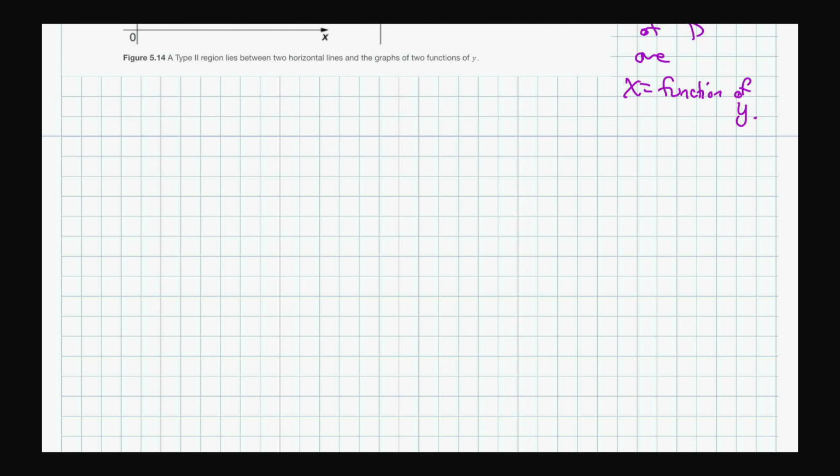Now there are some regions, I didn't make a picture, but I'll just draw a picture. Some regions are type 1 and 2.